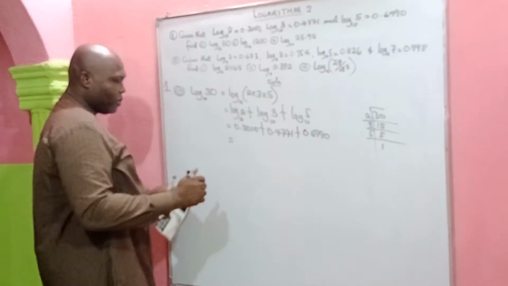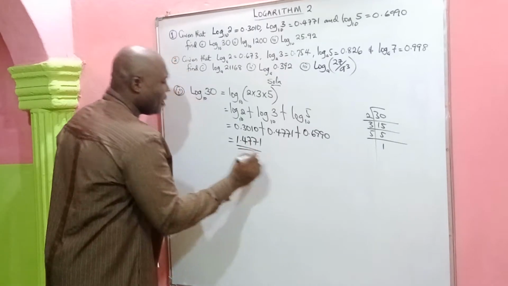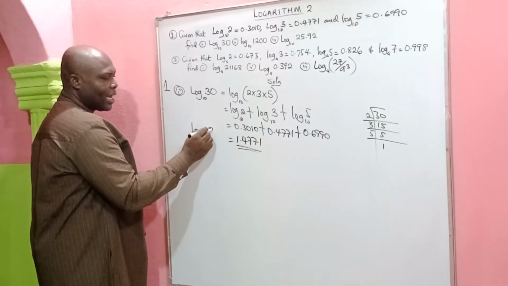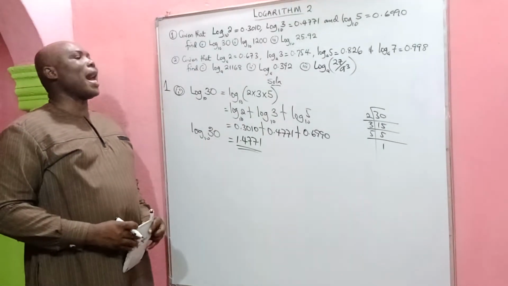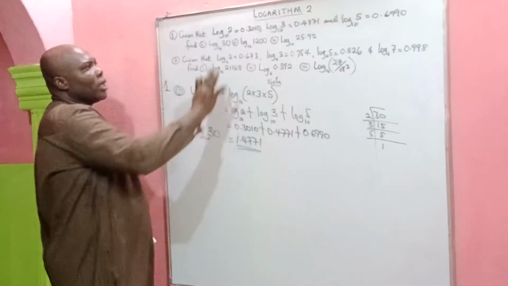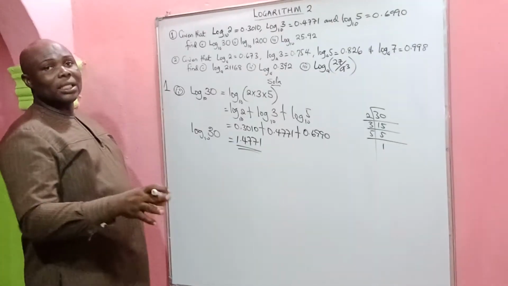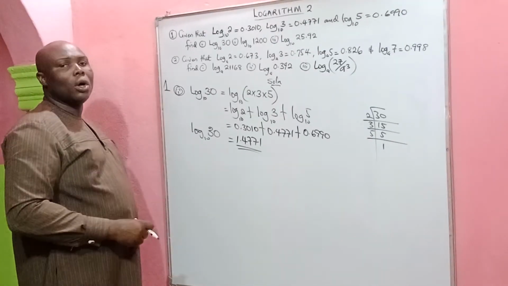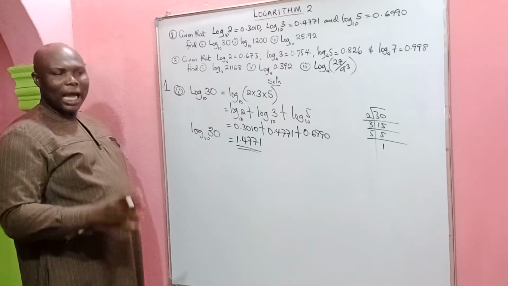We have 1.4771. It therefore means that log 30 to the base of 10 gives us that, as simple as that. So once given the base values, you can solve any one without referring to a scientific calculator or to the four-figure table, the logarithmic table, and so on.